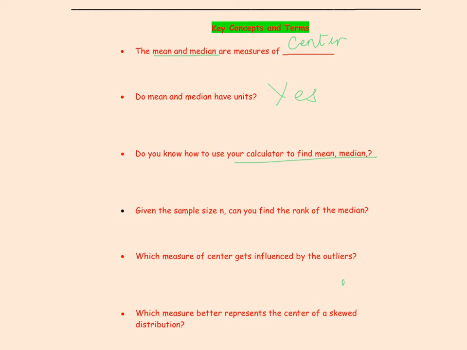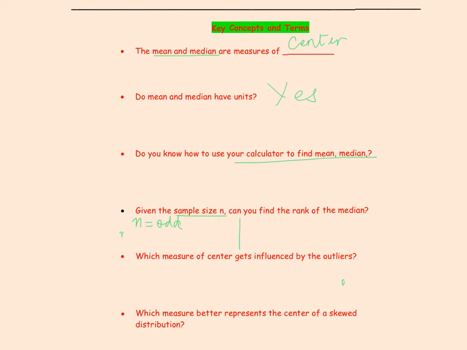Given the sample size, and this is important, can you find the rank of the median? So we've looked at two cases. One is when n is an odd number. N is the sample size. If you have an odd number of numbers in your data set, there is one middle number, and that would be the median. Can we locate the one middle number?